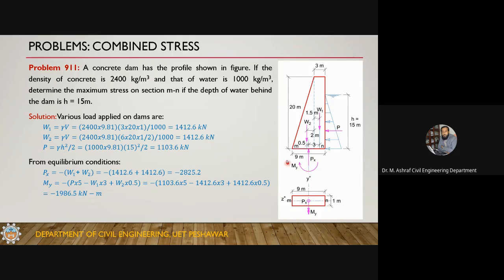Now if you look at this one, this is My, this is not Mz. This bending moment is applied about the y-axis, and it is a negative bending moment as per the sign convention. If you press the fingers of your right hand on the compression face, your thumb must point in the direction of the moment vector.